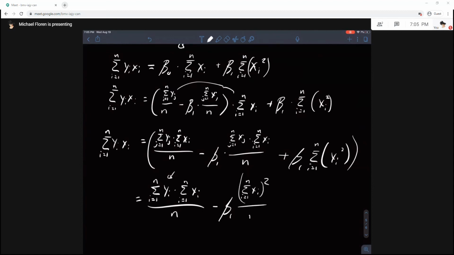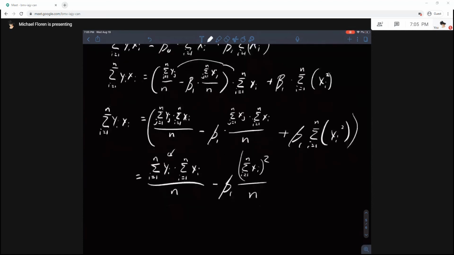And again, I always start by keeping them separate, but as long as the concepts are maintained, like here, the concepts don't get mixed up, then we're okay to write them in the same notation. Beta 1 times the sum of i equals 1 to n of x sub i squared.